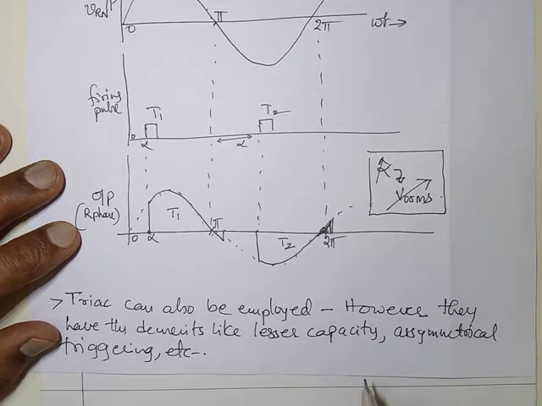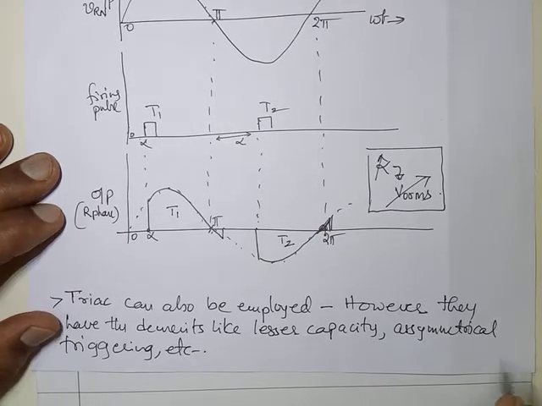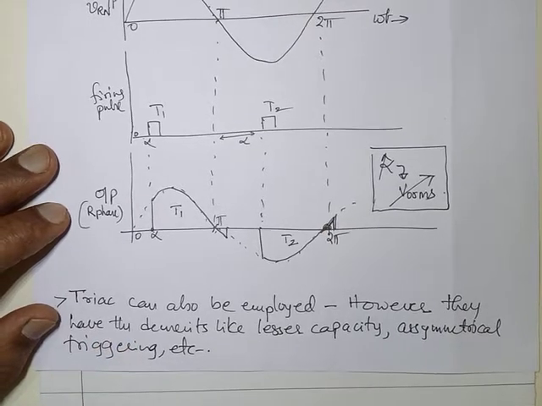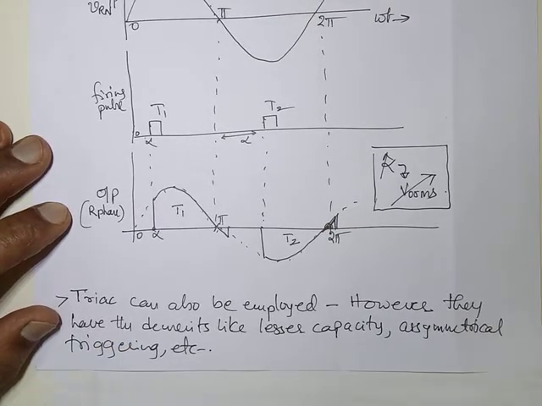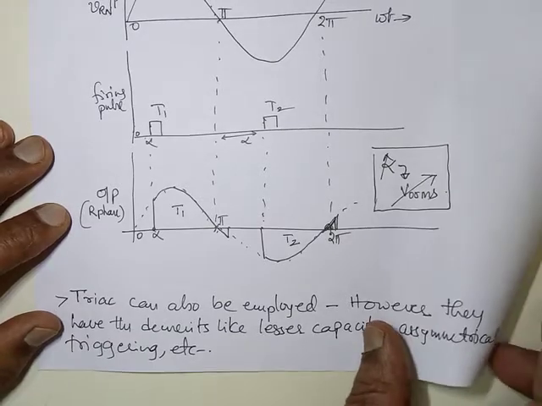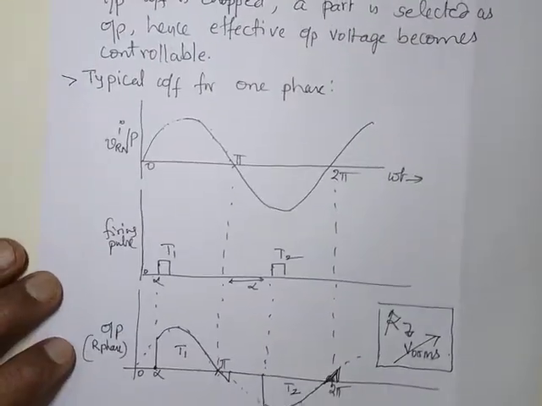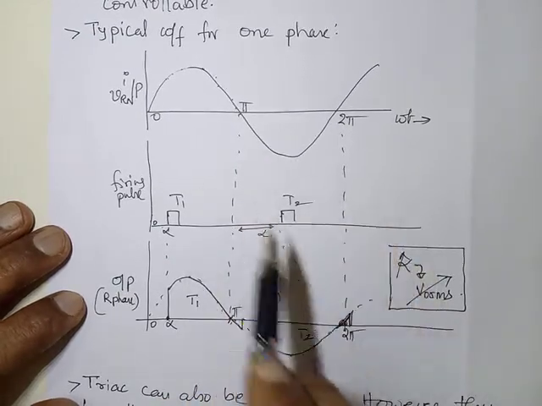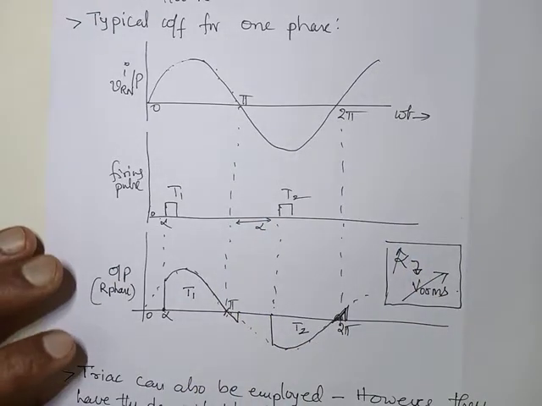Typically, if it were something like a fan, it starts making that humming noise. Okay, that's why normally triacs are not employed for big power applications. Otherwise, a triac can also be employed. So one phase waveform I have shown, the same thing is valid for the other two phases also.